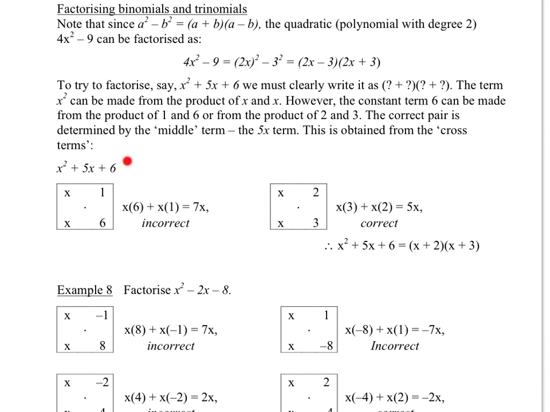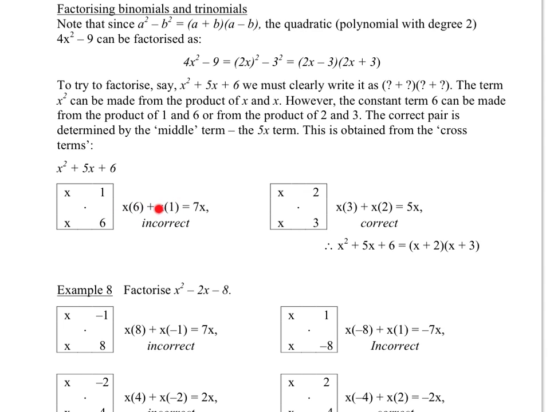In this example here, you have to look for two numbers that multiply to give 6 and add to give 5. So one way of setting it up is to think of there being x plus 1 on the top, x plus 6 on the bottom, and try just crossing the x and the 6 and the 1 and the x to get 6x and 1x.